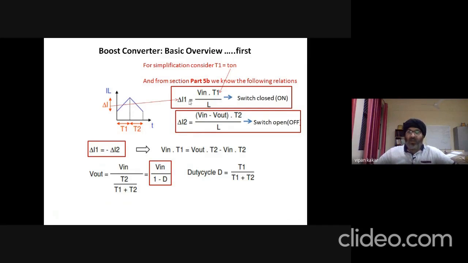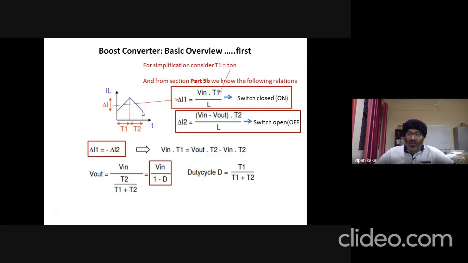And we also saw in the buck converter that the change in the inductor current is equal to the voltage multiplied by that time, which is T1, divided by L. So this voltage time relationship, we know that the current rising up is equal to the current decaying down, because the net energy in the inductor has to be zero.